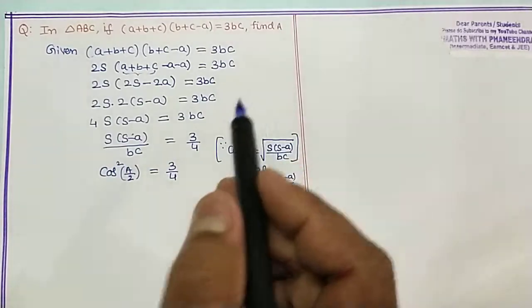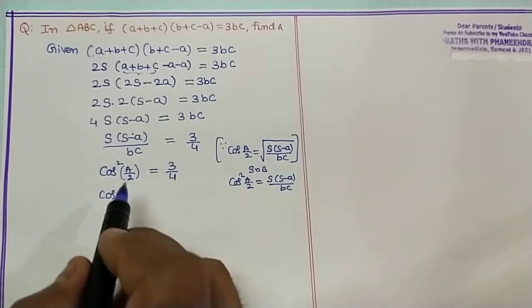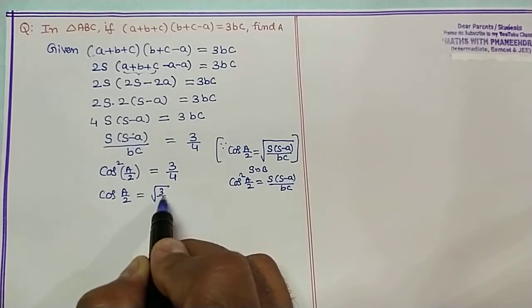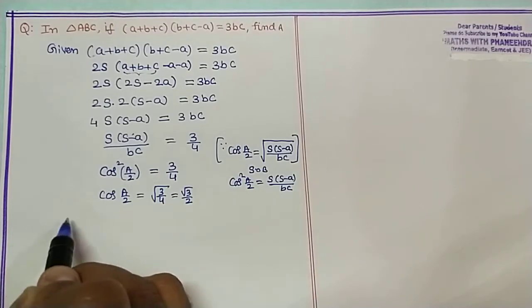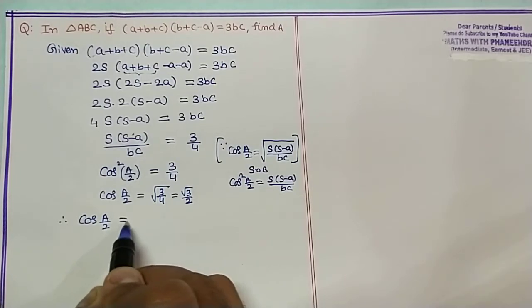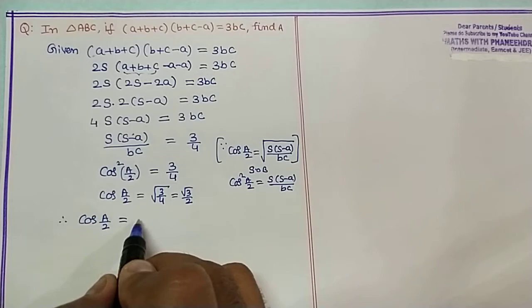But I want the A value, no? So cos square A by 2 equals 3 by 4, so cos A by 2 equals square root of 3 by 4, which is equal to root 3 divided by 2. So cos A by 2 equal to root 3 by 2 in terms of cos. So cos 30.